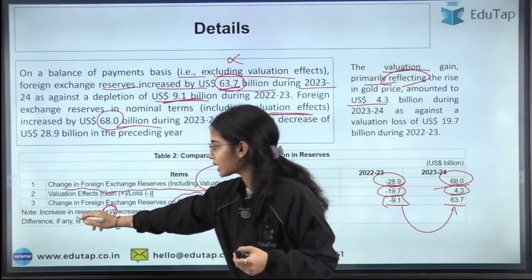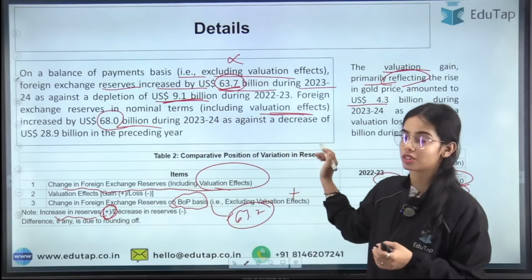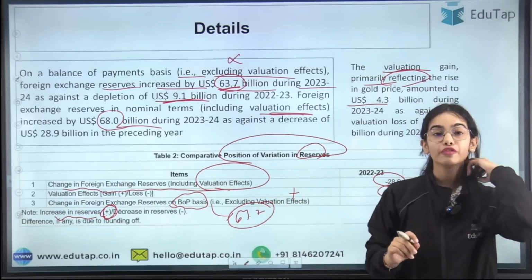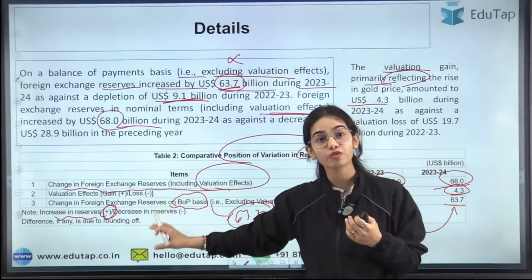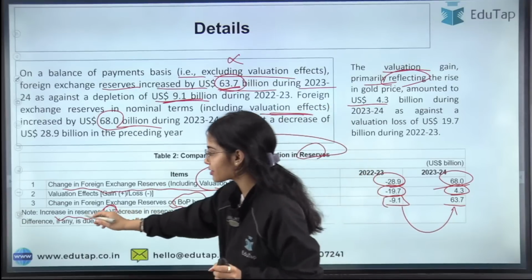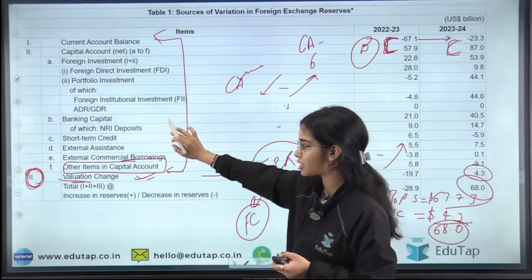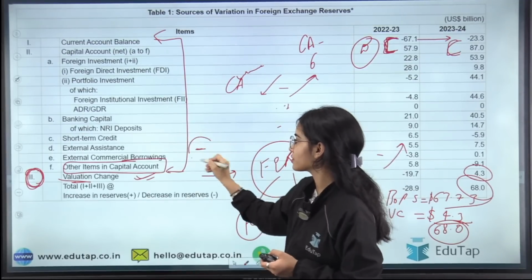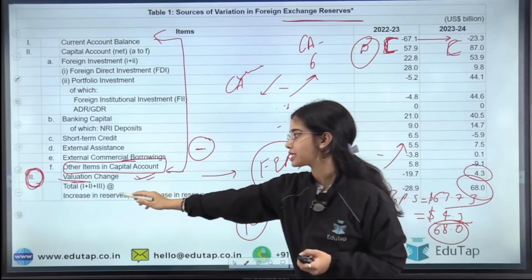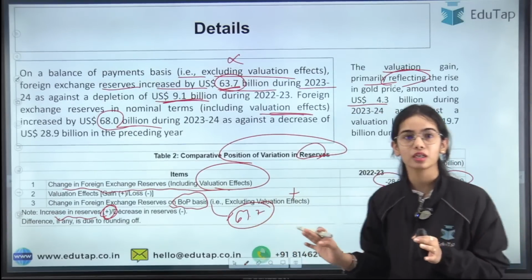Here we are showing the increase in reserves as plus because we are taking the foreign exchange reserve situation. But if we have to show this in the balance of payment, the increase in reserves will be shown as negative. So here we are taking the foreign exchange reserves. That's why the increase in reserves is taken as positive. I hope this is clear, everything.